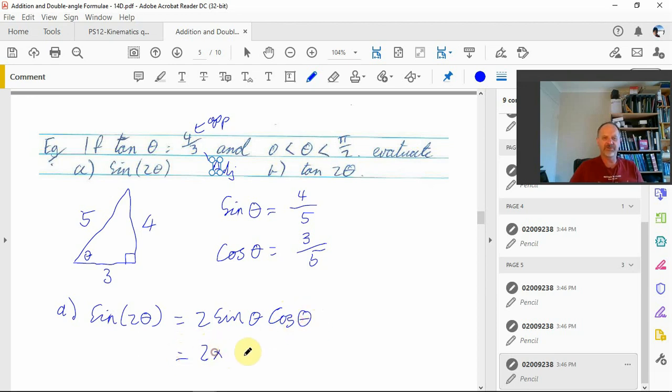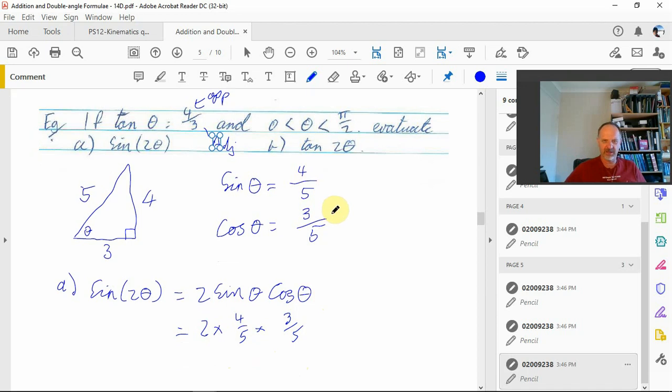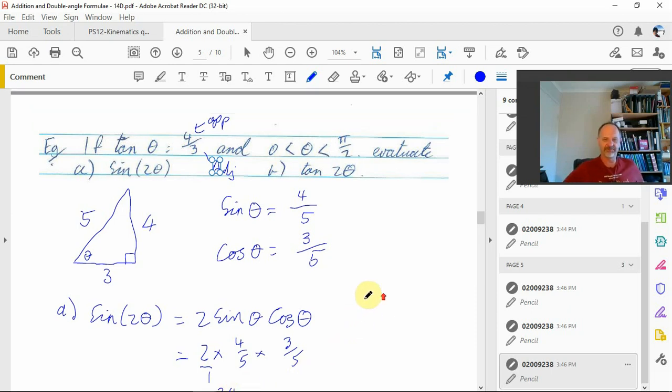And so sine of theta is 4/5, cos of theta is 3/5, and so 2 of course is 2 over 1, and 2 times 4 is 8 times 3 is 24, and 1 times 5 is 5 times 5 is 25. All right, so the sine of 2 theta is 24 on 25.